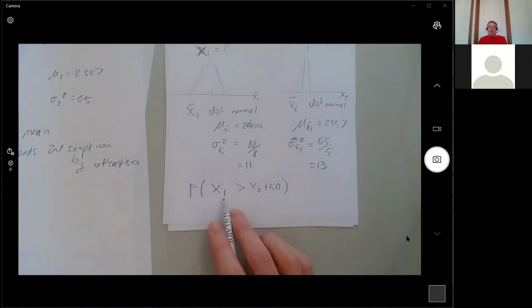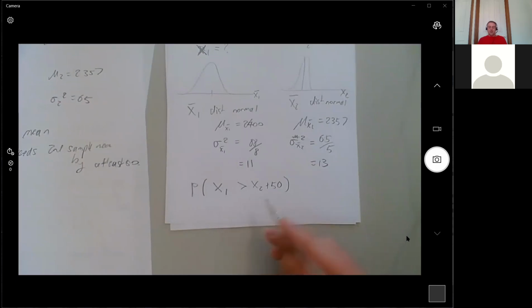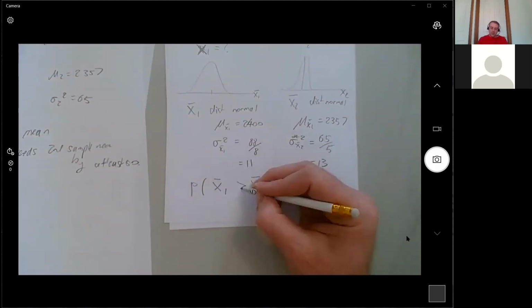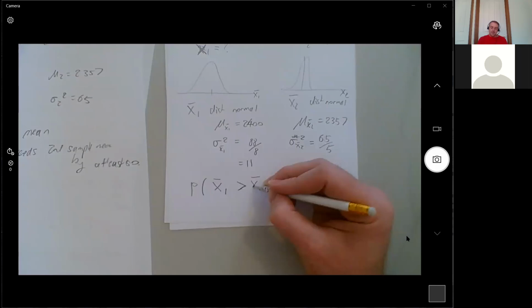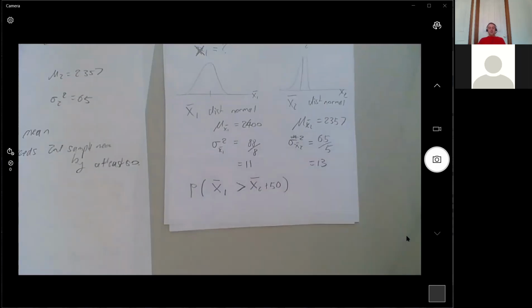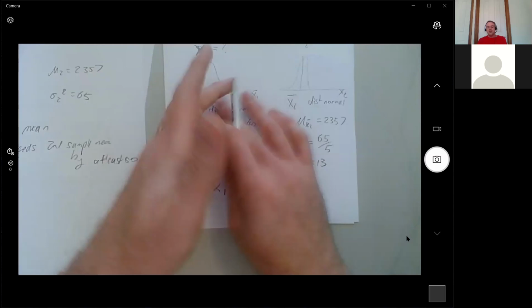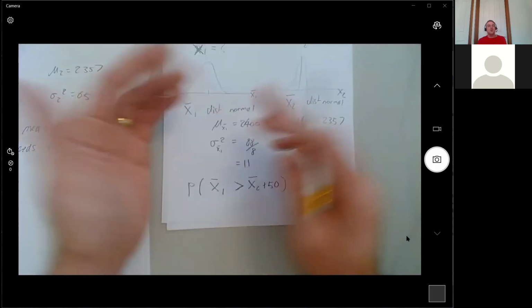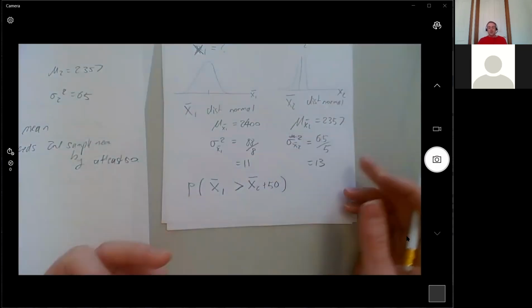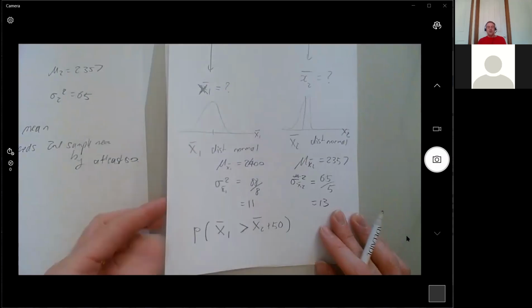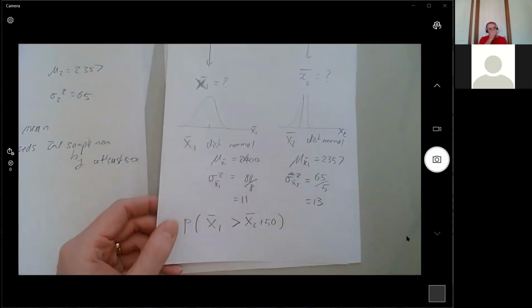So it's at least 50 bigger than the other sample mean, x2 bar. That's what we want the probability of. Okay, well, I don't know how to do that, because at the moment these are just all the x1s and these are all the x2s, but it hasn't got information about which x1s go with which x2s. And so I really need a brand new distribution that involves somehow the x1 and the x2 together.